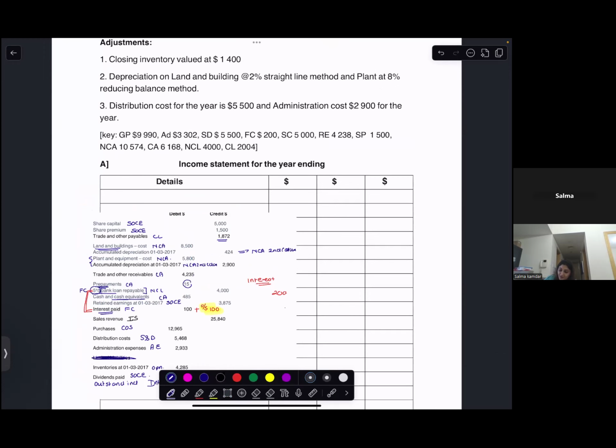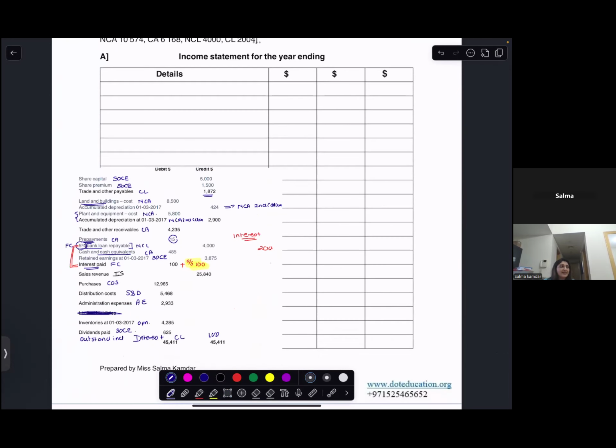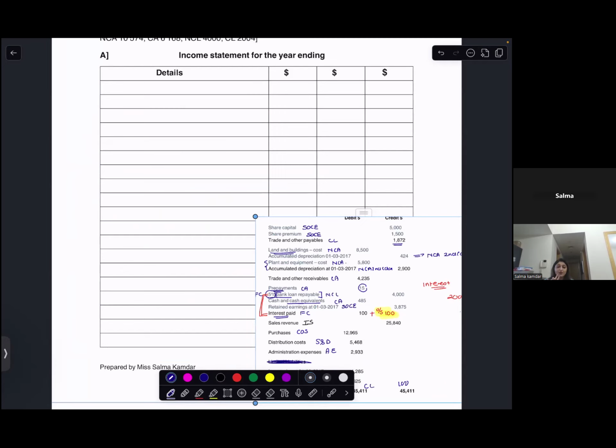Closing inventory is subtracted from cost of sales. Please be mindful that we would have a working note for cost of sales. Why will I have a working note for cost of sales? Because when I make an income statement for a limited company, it looks like this. I want you to write along with me.